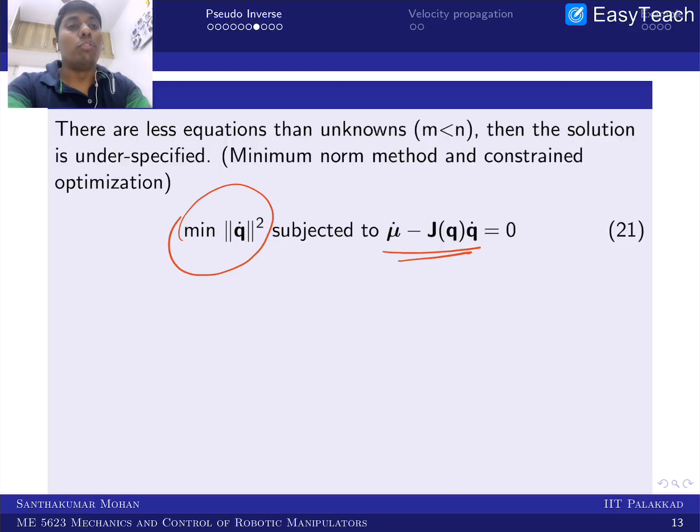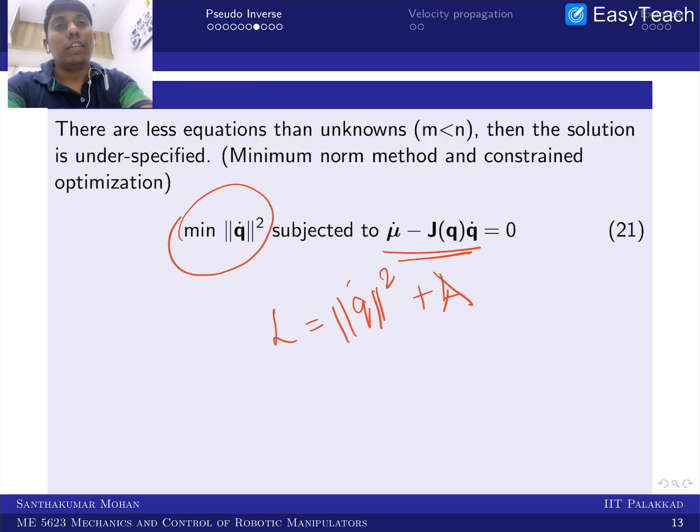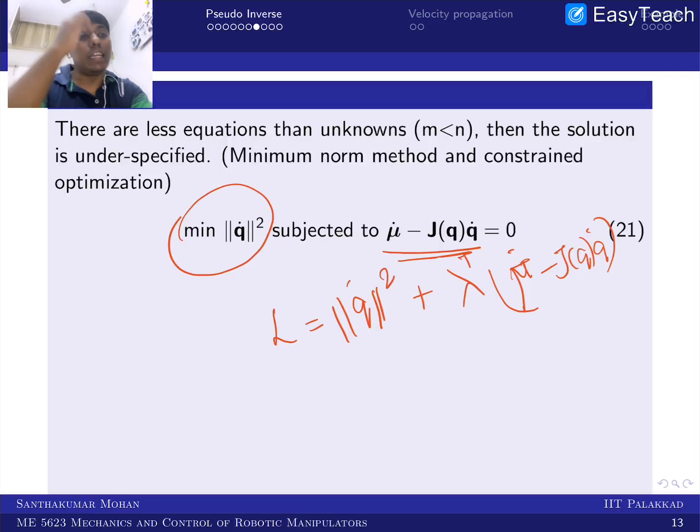In constrained optimization you can use the Lagrangian multiplier. So L would have the minimum norm, or you can say the norm of this. Then you have the Lagrangian multiplier, which I call lambda, into mu dot minus J of q into q dot, and since it is a vector, I'm taking lambda transpose.